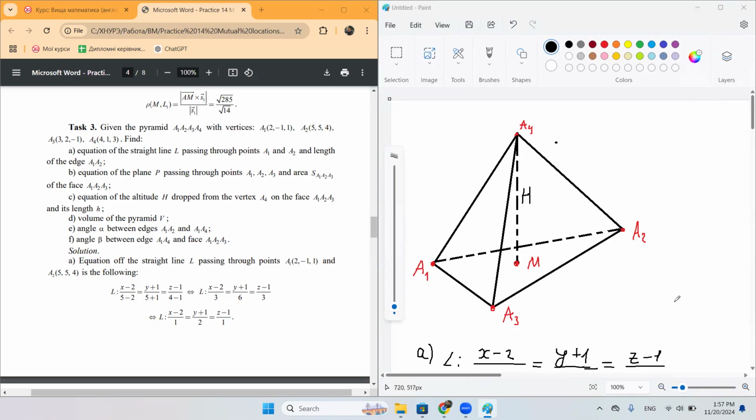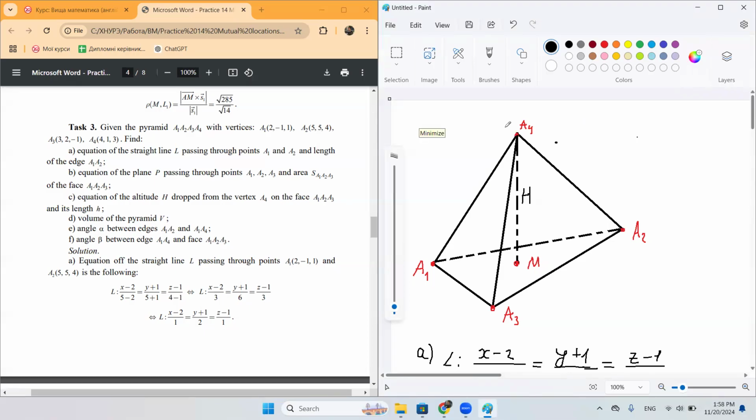Okay. Bogdan thinks we need point M. We don't need point M. We have the point that this straight line is passing through, and what else? We already can use a direction vector. We already found it, but not as the direction vector of this straight line, but another usage of it.